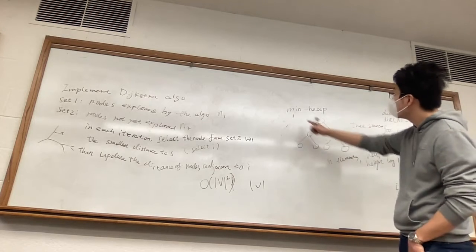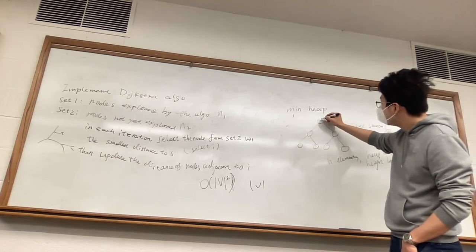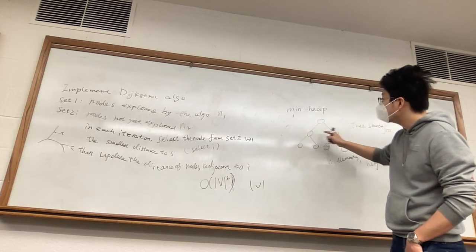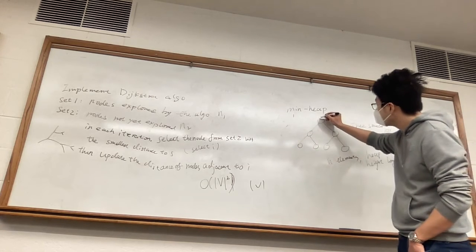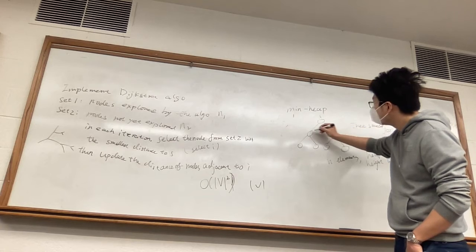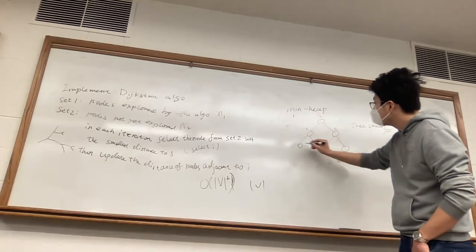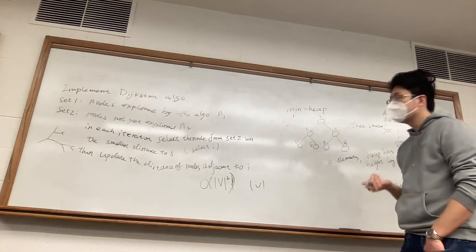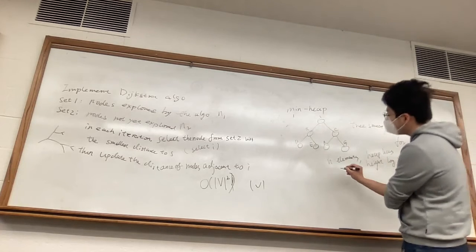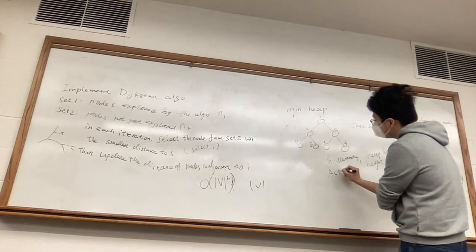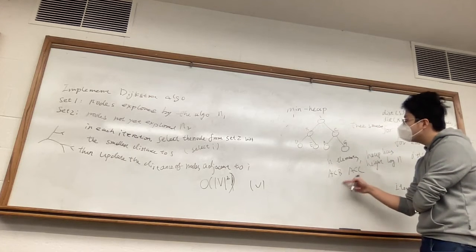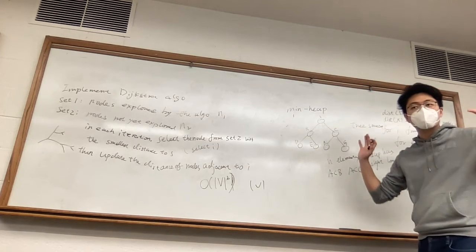And what does a heap tell us? A min heap means that for every node, it is smaller than its two descendants. Let's say this is node A, and this is node B and node C, and D, E, F, G. So in a min heap, A is less than B, and A is less than C. But for the relationship of B and C, not important.